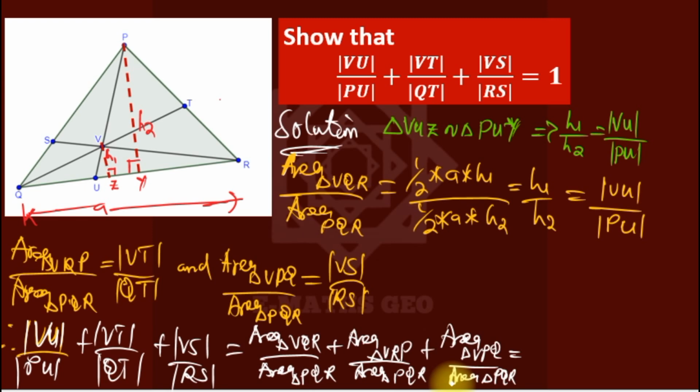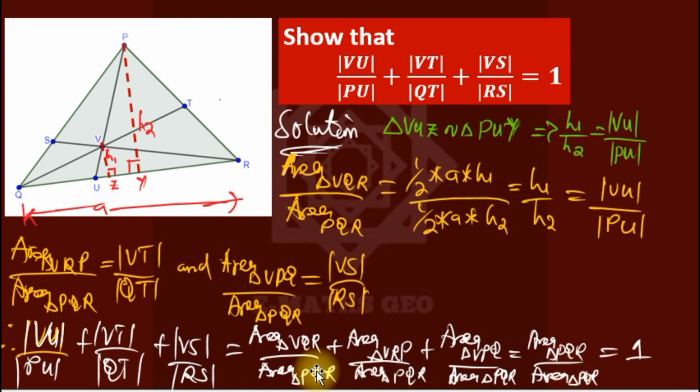So looking at this, it is now the area of triangle PQR over the area of triangle PQR, which is now equal to 1.